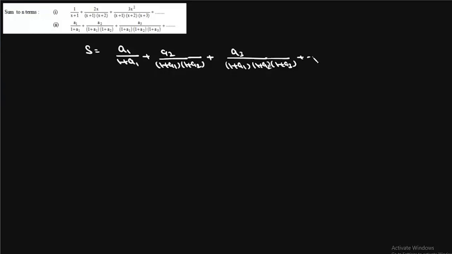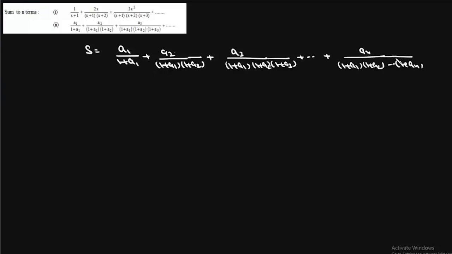Now the second question is, we are given this sum: a1 upon 1 plus a1, plus a2 upon 1 plus a1 into 1 plus a2, plus a3 upon 1 plus a1, 1 plus a2, 1 plus a3, and it goes all the way up to an upon 1 plus a1 into 1 plus a2 up to 1 plus an.